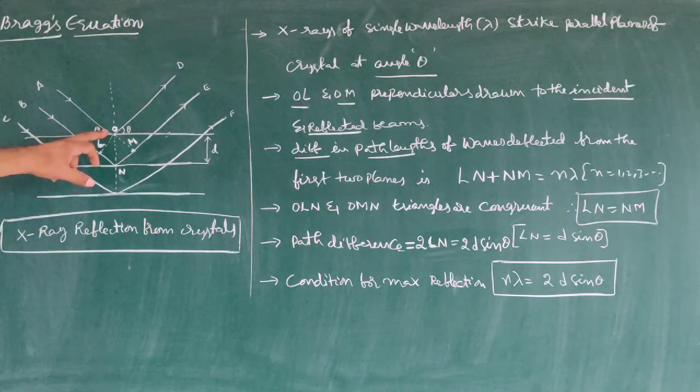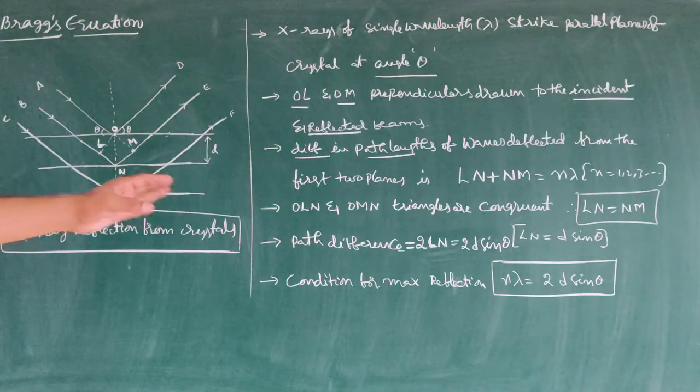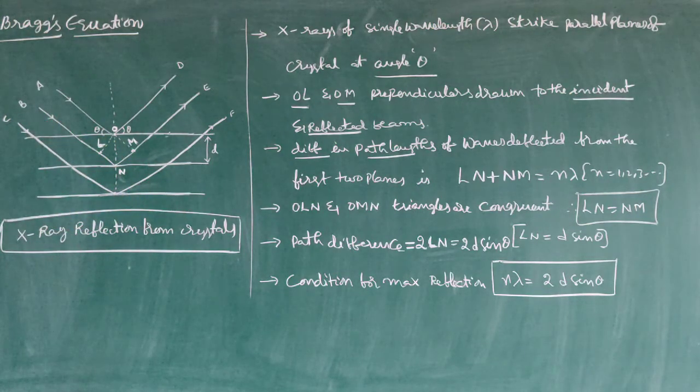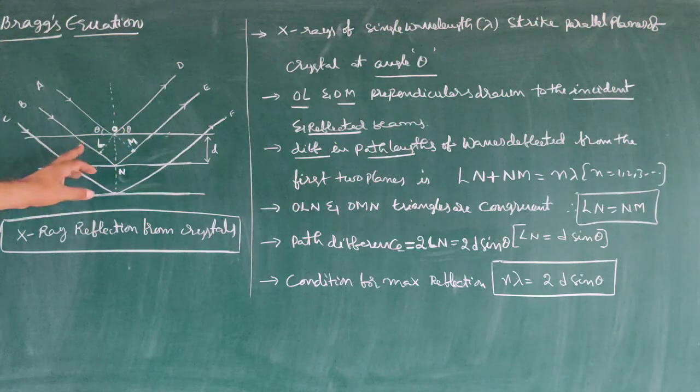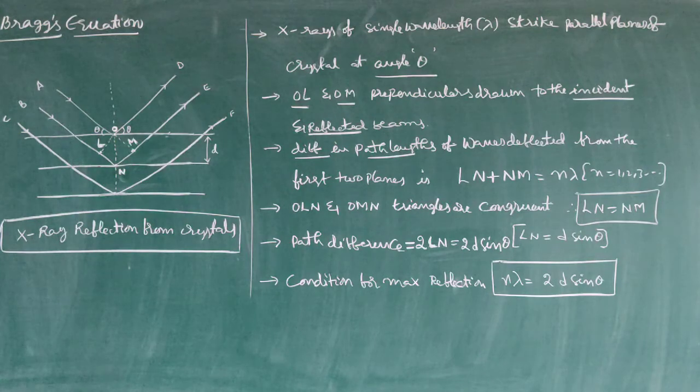Here, if you observe, the triangles OLN and ONM are congruent. Here LN is equal to NM. So the path difference is 2d sin theta.